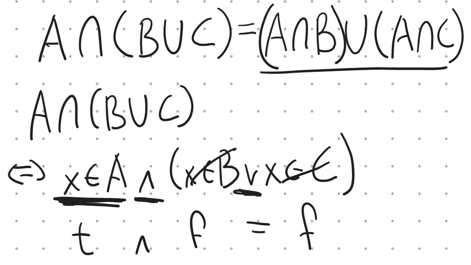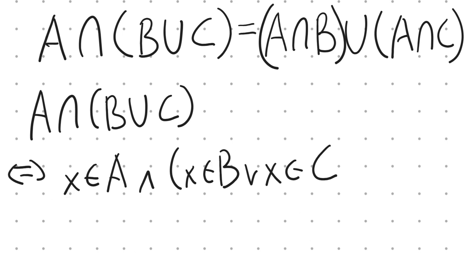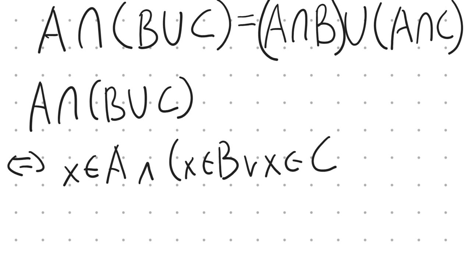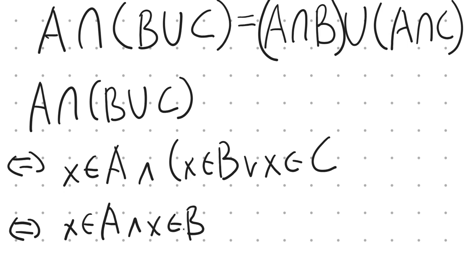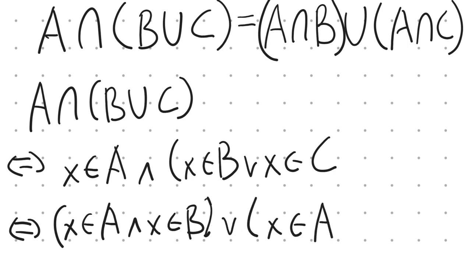We have to write it down in the x form so that we can truly see what it means to be equivalent. So if this is equal to A intersecting B, which states that x is in A and x is in B, in parentheses, or x is in A and x is in C. Okay, so this is what we have to prove.